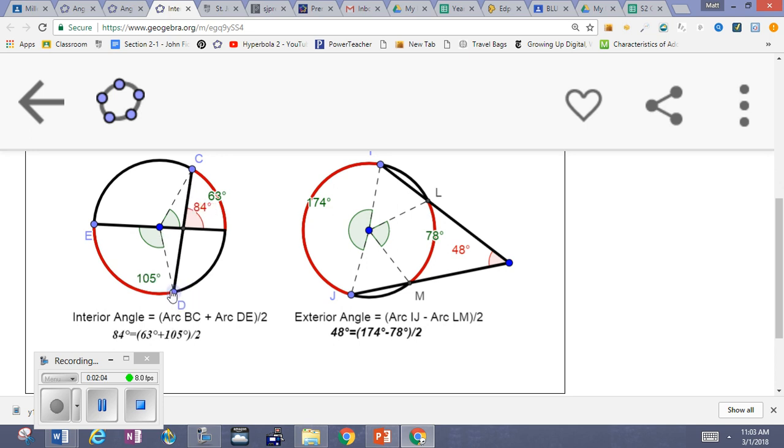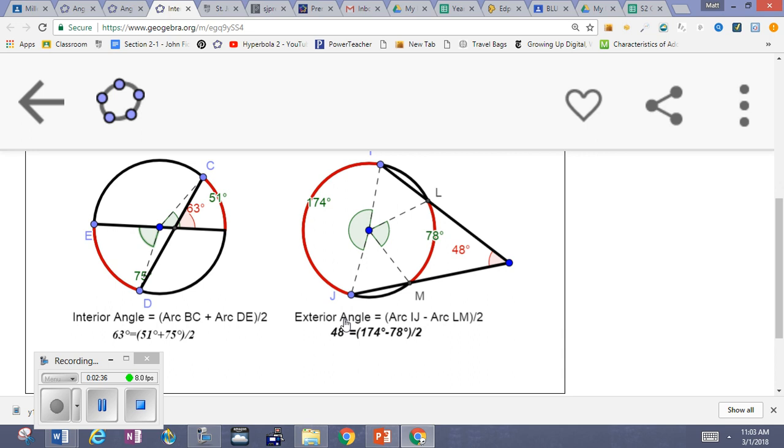Again, this can be manipulated. Let's turn it around like this. Now I have 51 as the red arc, and the other arc over here is 75. So 51 and 75 is 126, half of which is the measure of that angle. The interior angle: add the two arcs met by the vertical angles that are interior, and take a half.